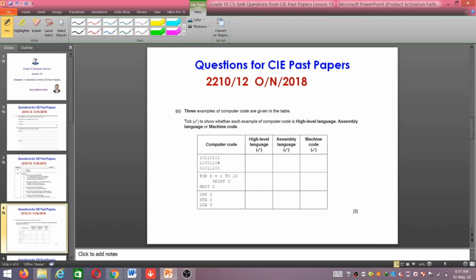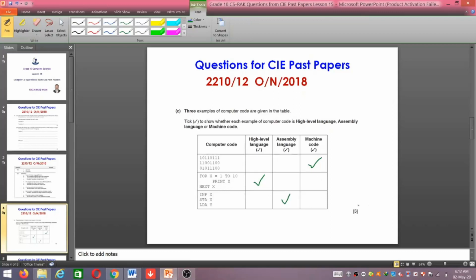So this one is only in zeros and ones, so this is machine code, right? For the next one, this is code in a high level language. As I told you, we'll be doing a programming language. Most possibly we will be doing Python, and you will learn it better. And this is the code from the assembly language.